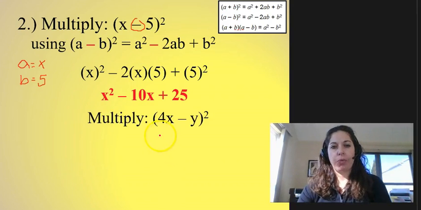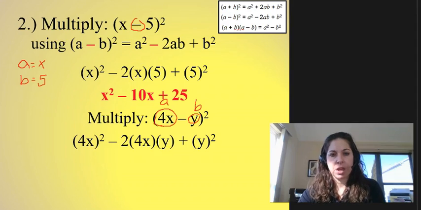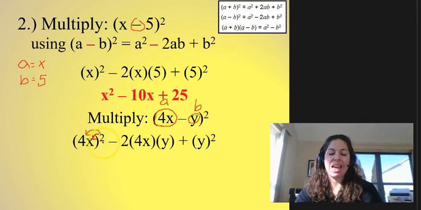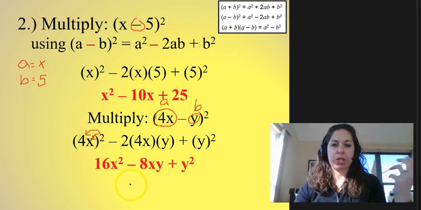One more example. So if we're going to multiply, this time the quantity 4x minus y, all squared. My A here is 4x. My B is y. So again, we would use the same formula and you're going to plug it in. Be careful though, because when we are simplifying, we have to remember those exponent rules, and that squared turns into 4 squared, which is 16, and then x squared, which is just x squared.